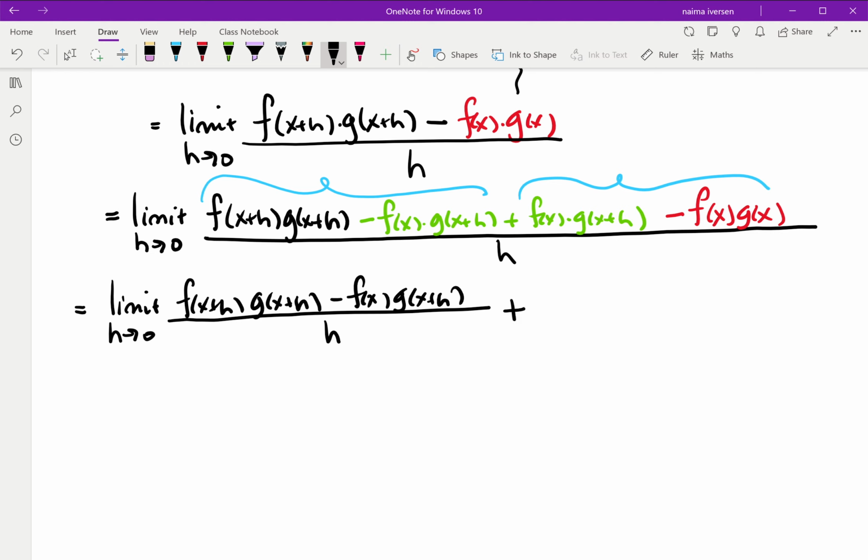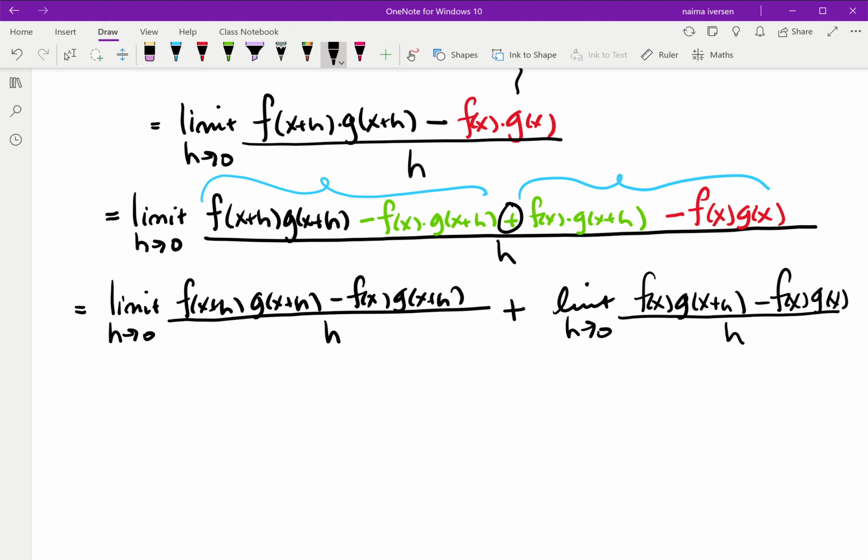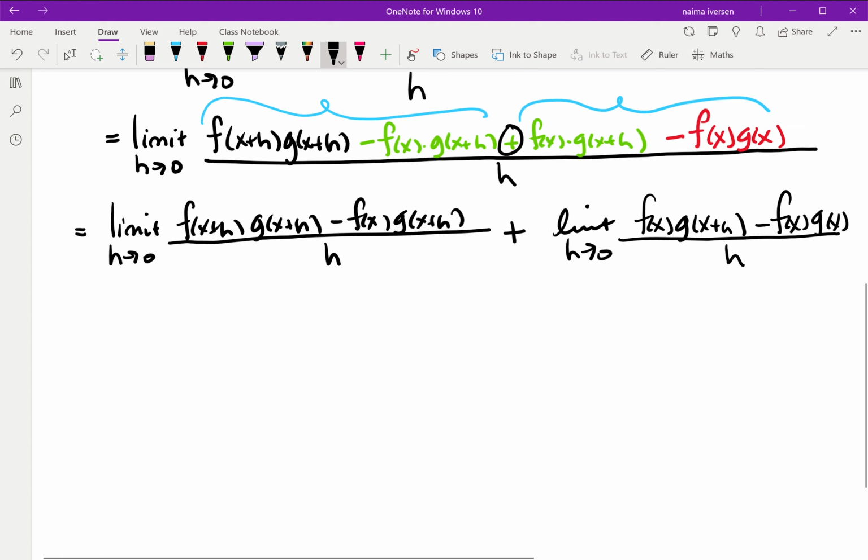And then plus, because I'm going to split up my limits, I've also got the limit as h goes to 0 of all the other stuff. I've got f of x times g of x plus h minus f of x times g of x, and it's all divided by h as well. So that's a common denominator of h.